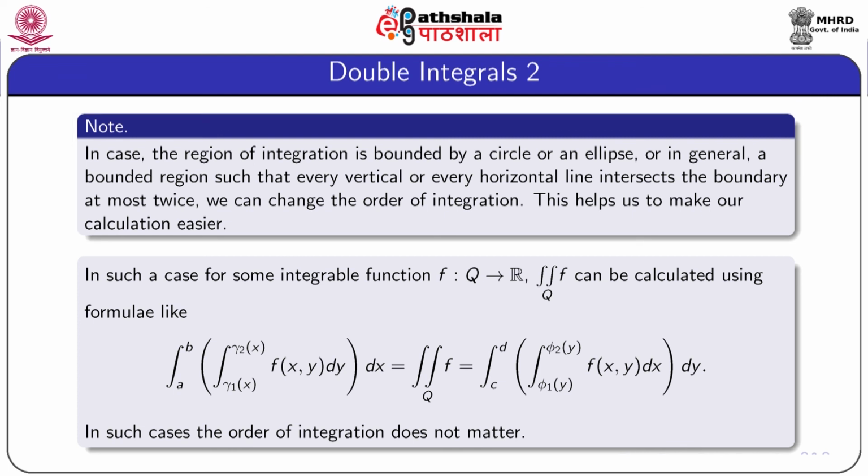In such a case, for some integrable function f from Q to R, the integral of f over Q can be calculated using formulae like the integral from a to b of the integral from gamma 1 of x to gamma 2 of x of f(x,y) dy dx, which equals the integral of f over Q, which is again the integral from c to d of the integral from phi 1 of y to phi 2 of y of f(x,y) dx dy. In such cases, the order of integration does not matter.